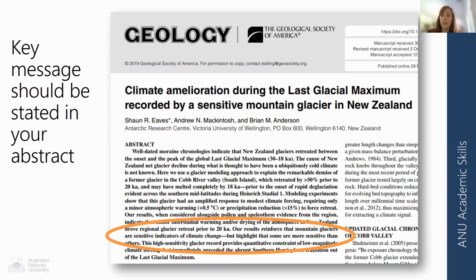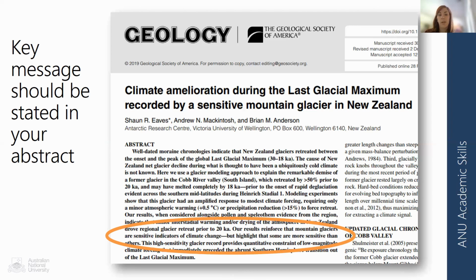They reinforce the idea that, it sounds like, is already pretty much known, that glaciers are indicators of climate change, and then this other finding as well. So that's one thing to further confirm something, but also to get more specific in what those results mean: some are more sensitive than others.